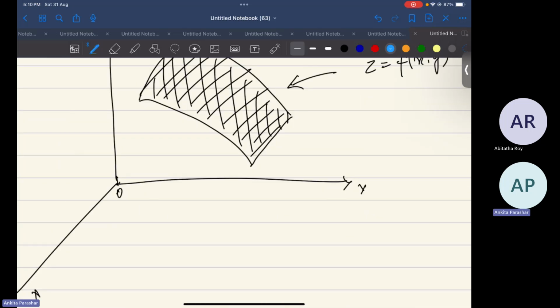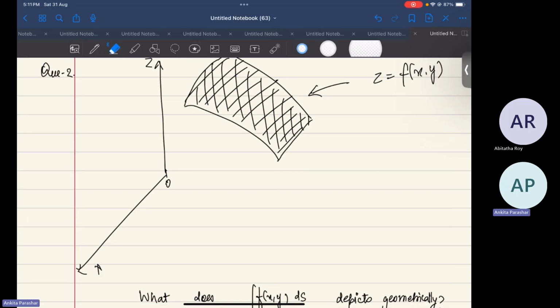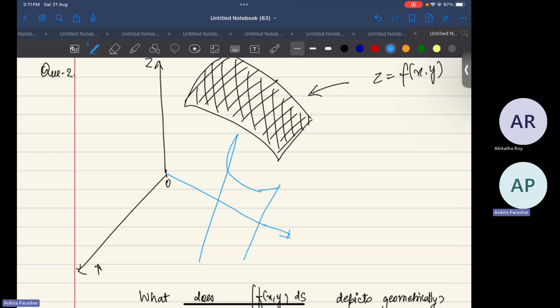I will simply change this axis by this axis, and here I'll draw. This is, let's say, the curve C.